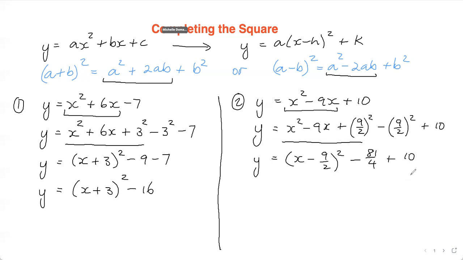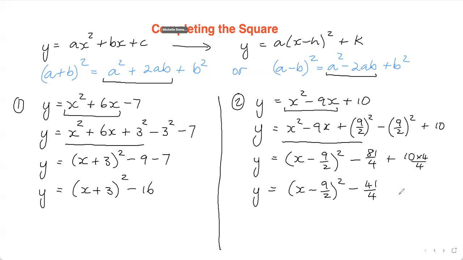Now to group these together, I'm going to need a common denominator. So I'll multiply the 10 top and bottom by 4. And then I can get my final answer. So (x minus 9 on 2) squared, now minus 81 on 4 plus 40 on 4 gives me minus 41 on 4. And I'll just leave it in fraction form.